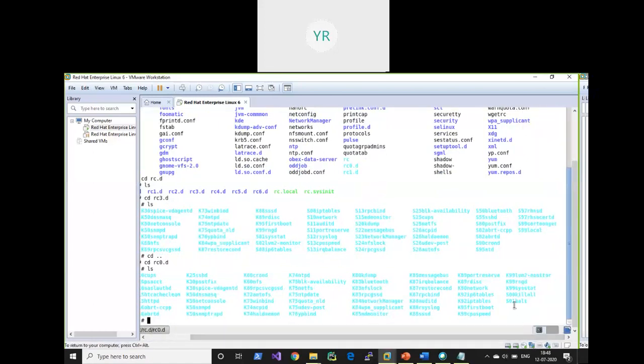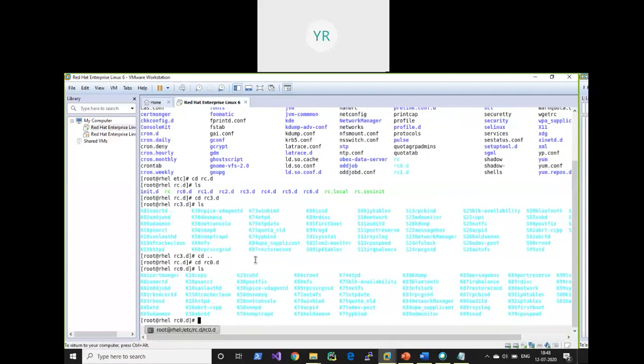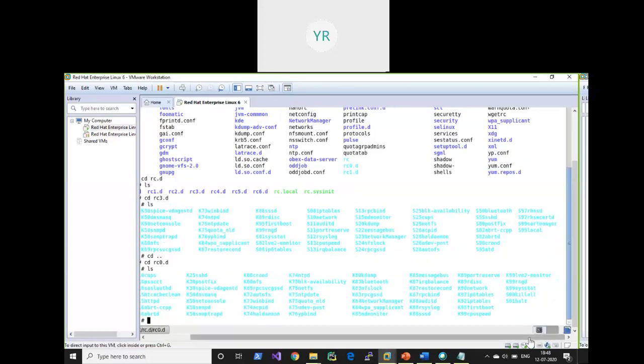Only two processes you need to start: one is the halt process, and the second one is killall. Except for that, all the remaining processes are killed, so that will stop all the processes. Like that, whatever run level we choose, based on that the programs will load from here. Okay, that is about the booting process.